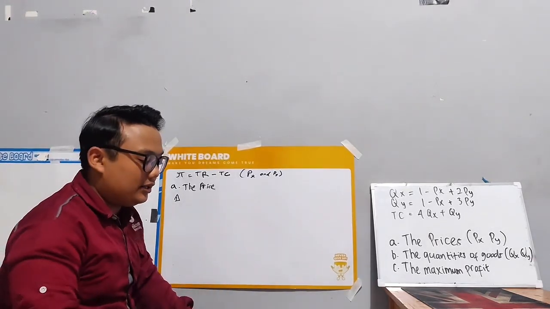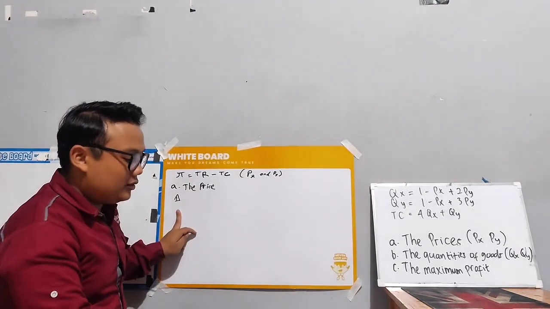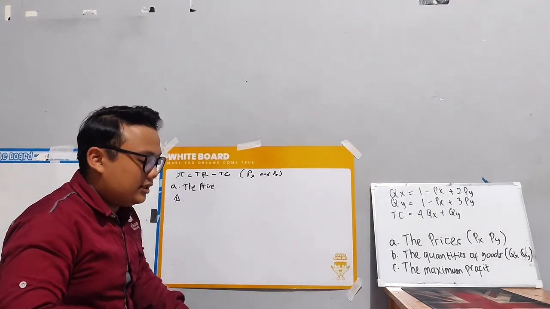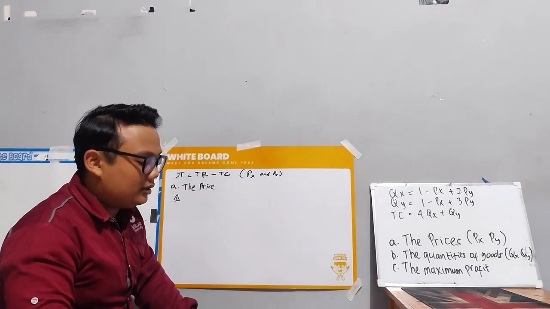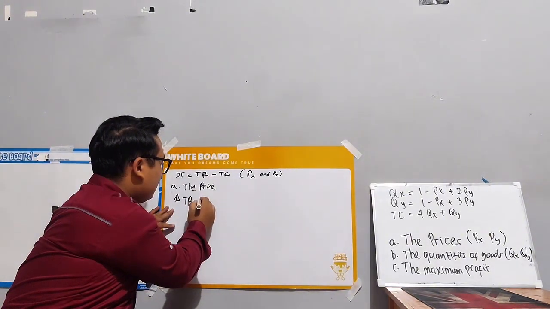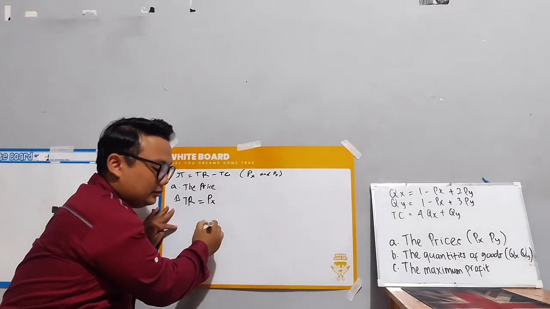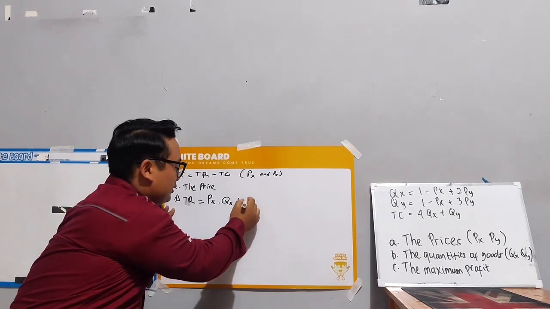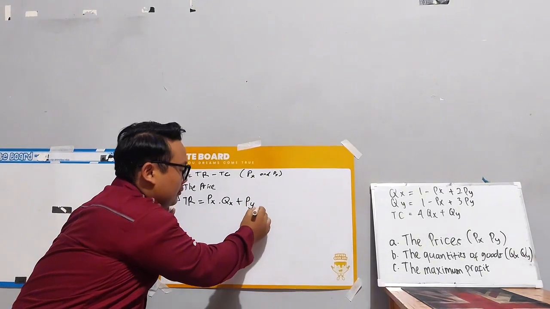Step 1, we have to find the total revenue TR function. Since we don't have a direct TR function in terms of price, we derive it from the basic definition: TR equals Px times Qx plus Py times Qy.